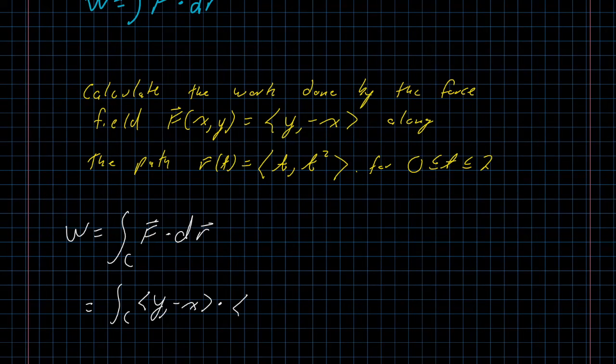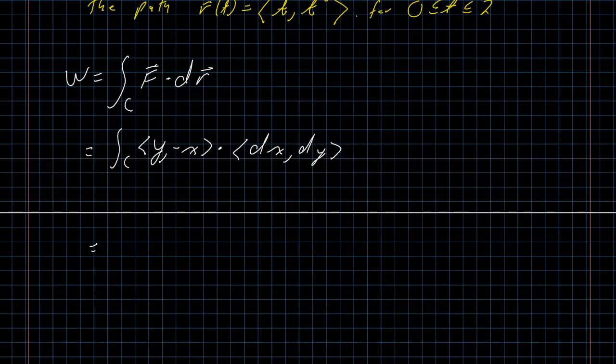And dr is, of course, dx, dy. And so we get the integral over our curve of y dx minus the integral over our curve of x dy. Or we could write that as a single integral, but it feels weird to have a dx and a dy in the middle of the integral.